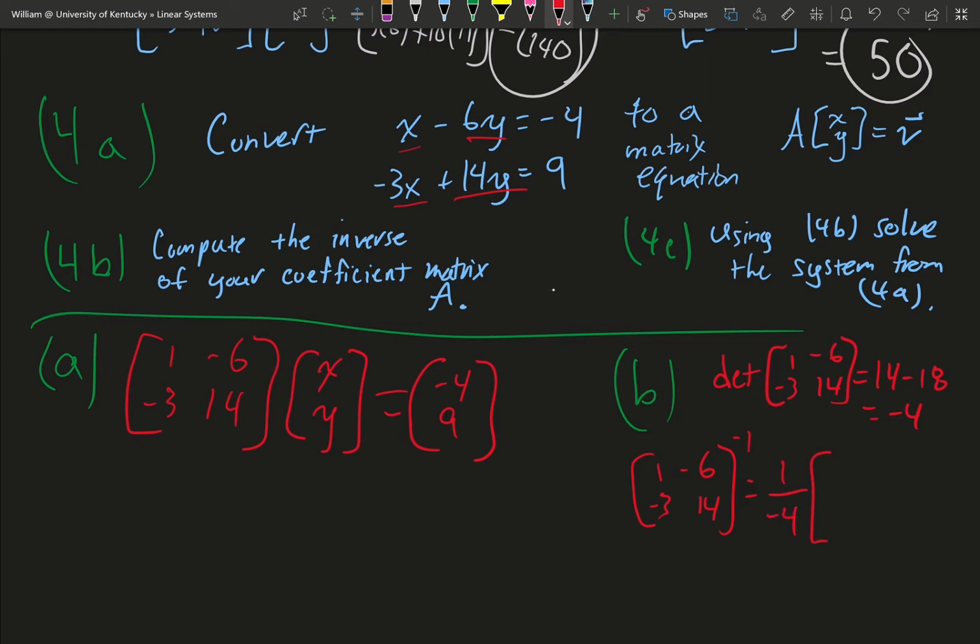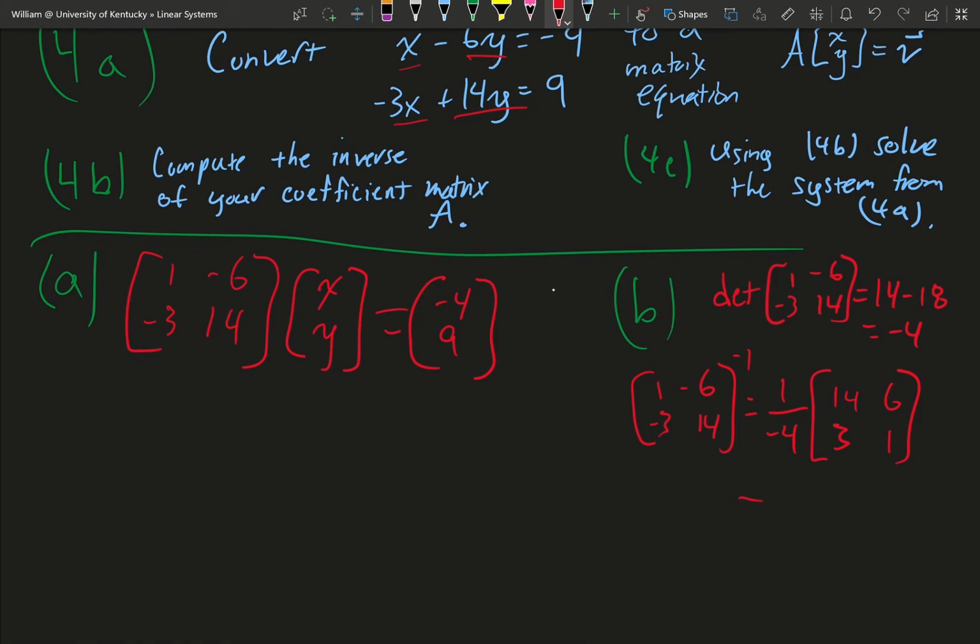And then we swap the main diagonal, so that becomes 14 and a 1. And then we just make the other two entries negative. And so we get as our inverse matrix, if we simplify, move everything inside, negative 7 halves, negative 3 halves, negative 3/4, and negative 1/4 as our inverse.